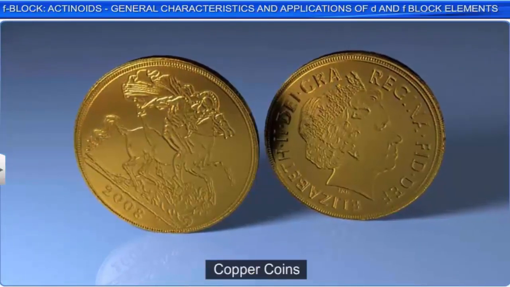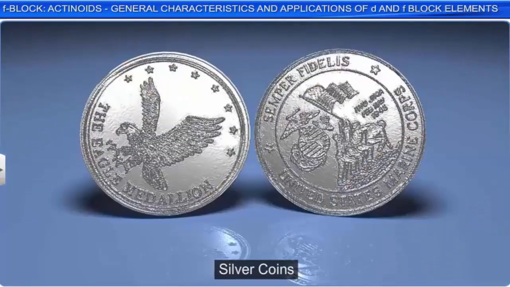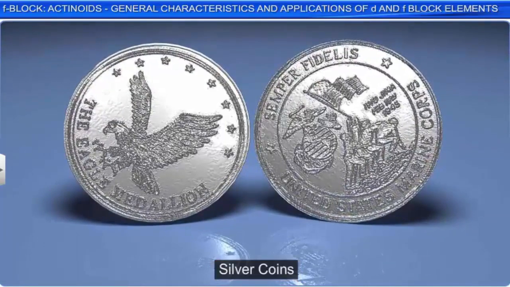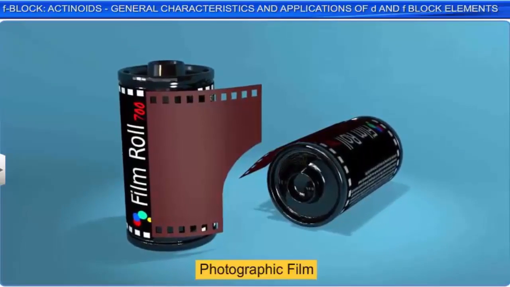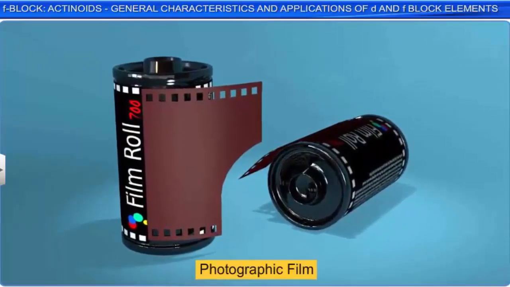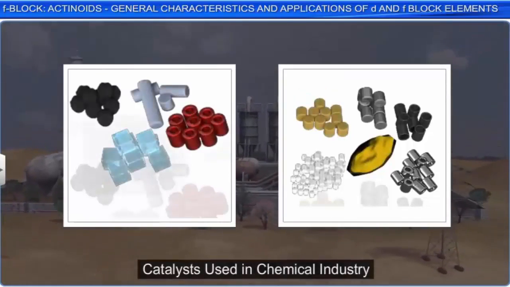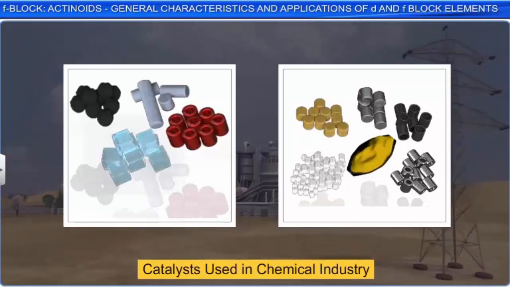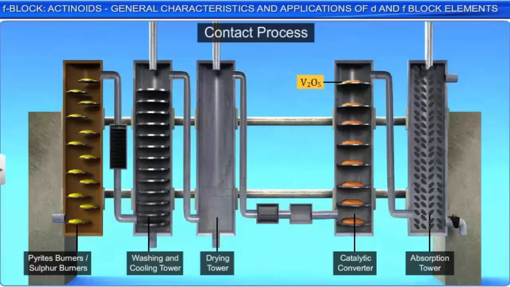Many transition metals and their compounds are used as catalysts in the chemical industry. For example, vanadium pentoxide in the oxidation of sulfur dioxide in the manufacture of sulfuric acid. Ziegler-Natta catalyst, a complex of titanium tetrachloride and trimethyl aluminium, in the polymerization of ethene to polythene.